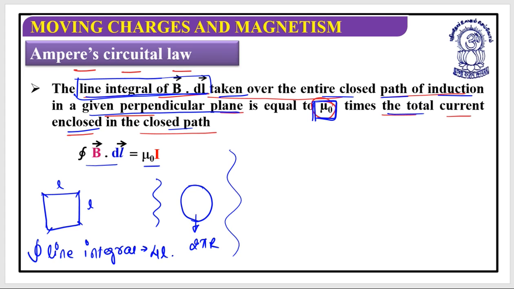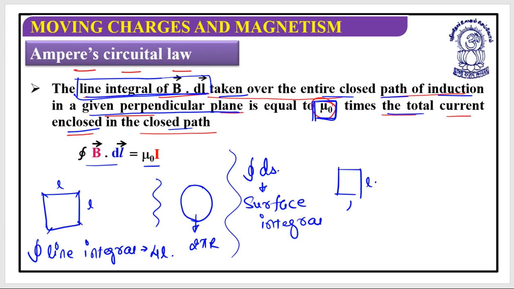In the previous cases, if you remember Gauss's law from the first unit, it was a surface integral. In the case of a surface integral, let's say it is a square of L by L. If I take a surface integral of this, it is L square.